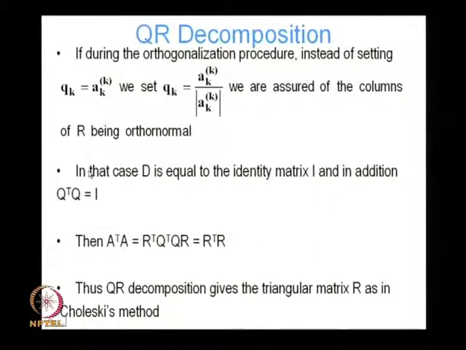So, D is equal to the identity matrix, and in that case A transpose A can be written as R transpose Q transpose QR, which is equal to R transpose R. We have encountered this decomposition before when we talked about the Cholesky method. So, this QR decomposition gives the triangular matrix R as in Cholesky's method. If we normalize the columns of Q, we recover Cholesky's method.